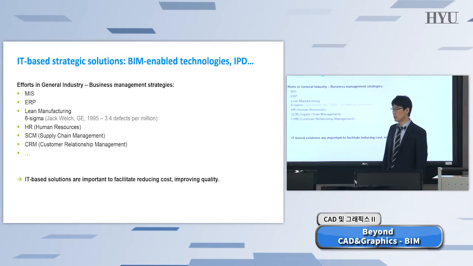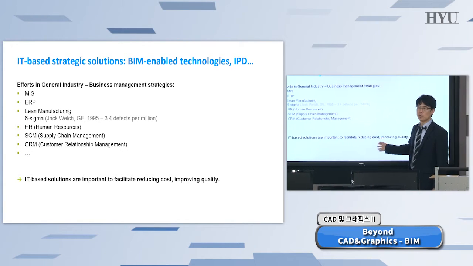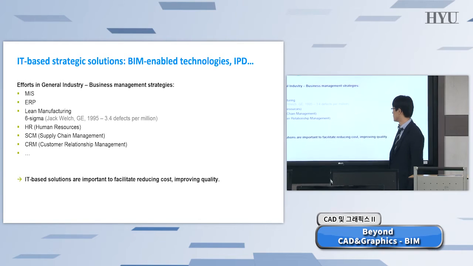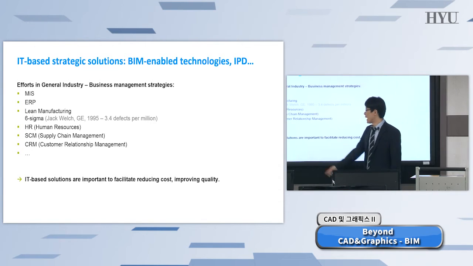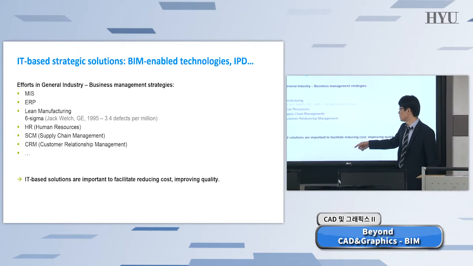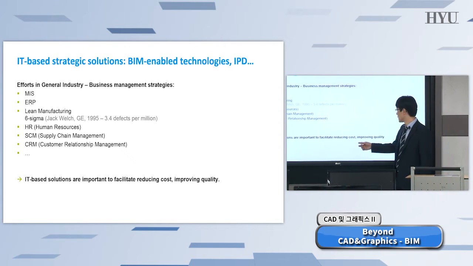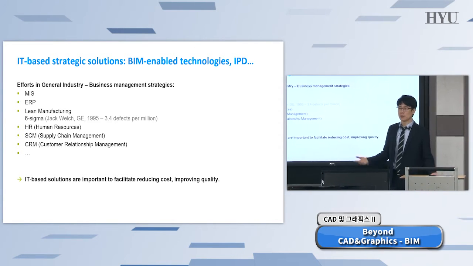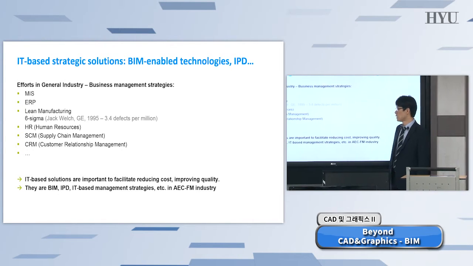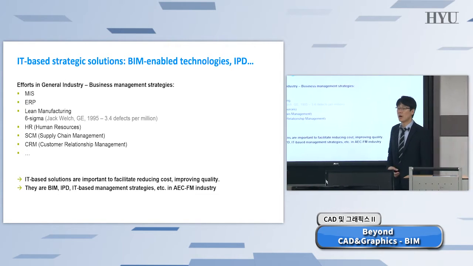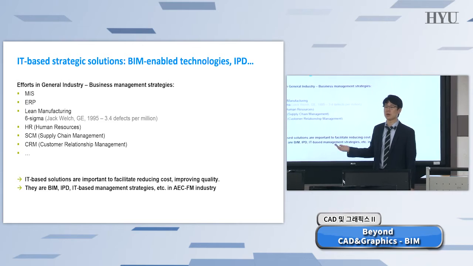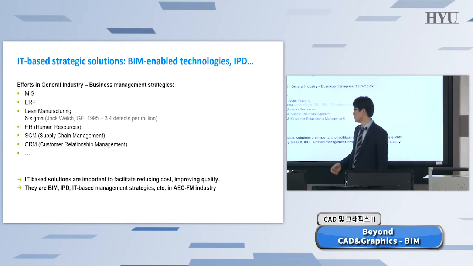But the problem of our industry, the AEC/FM industry, is no changes, no rise in productivity. Simply, IT-based solutions are important to facilitate reducing cost and improving quality. But in our industry, what are such efforts? What are such technologies we can use?